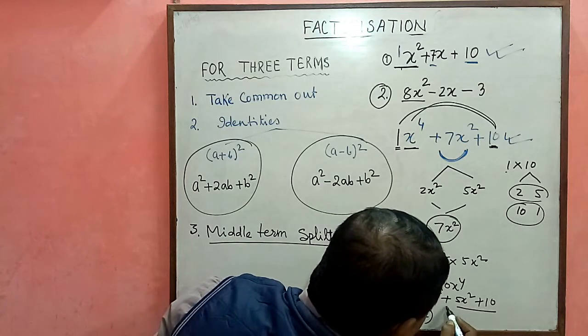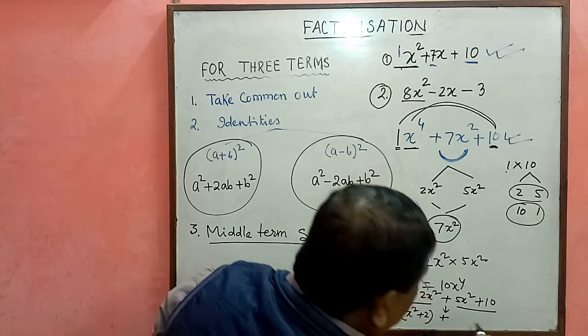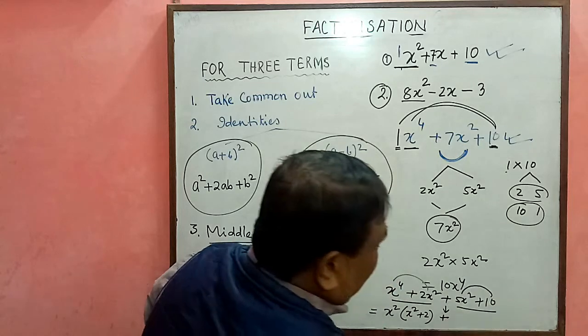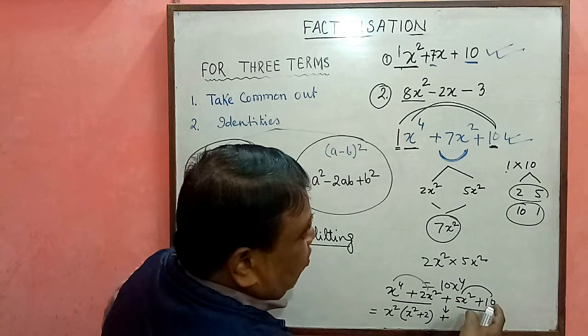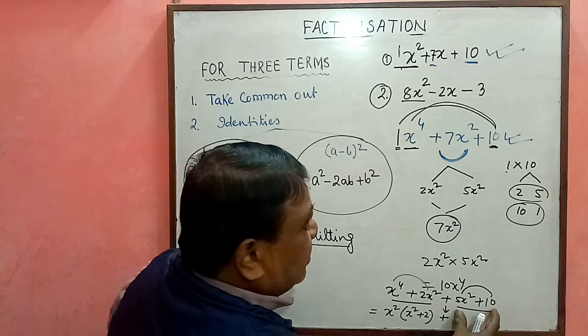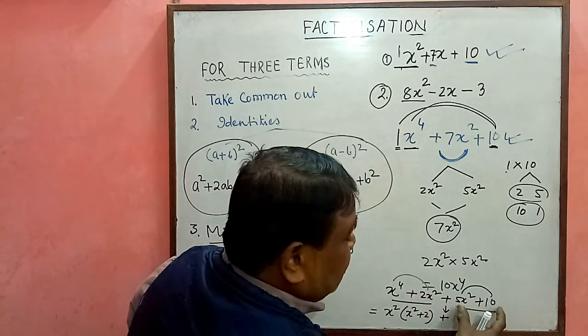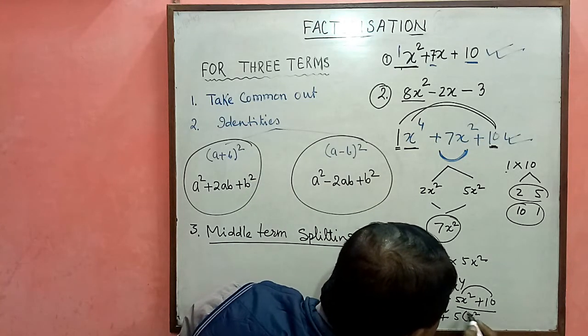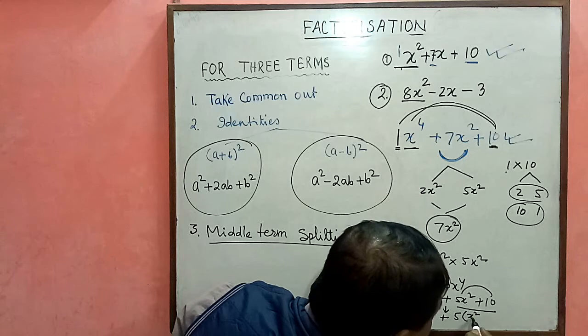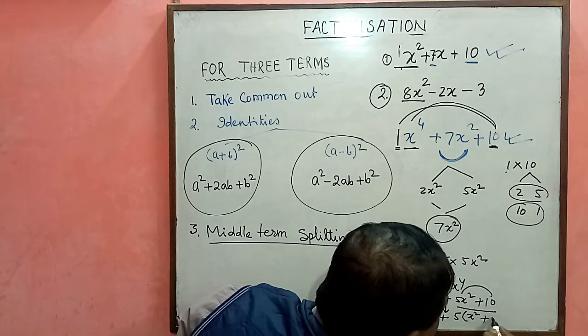Here put this sign plus. This is your plus. Now take common between these two terms. Obviously 10 and 5, otherwise no x is here. So GCD is 5. So you take 5 here. So this is x square. Divide 5x square by 5 and 10 by 5, 2.